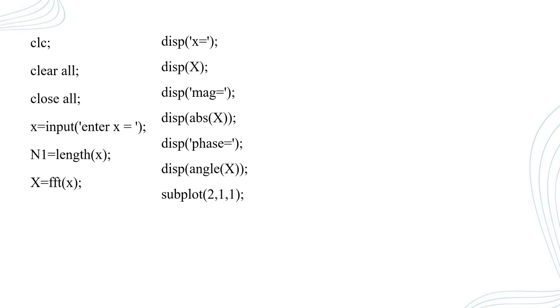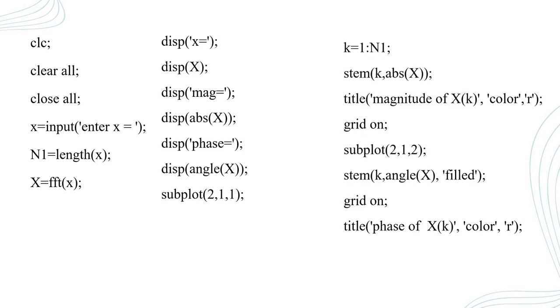Next, this is for plotting the magnitude spectrum. Subplot 2 comma 1 comma 1 is to plot the magnitude spectrum, and we have k is equal to 1 colon n1.